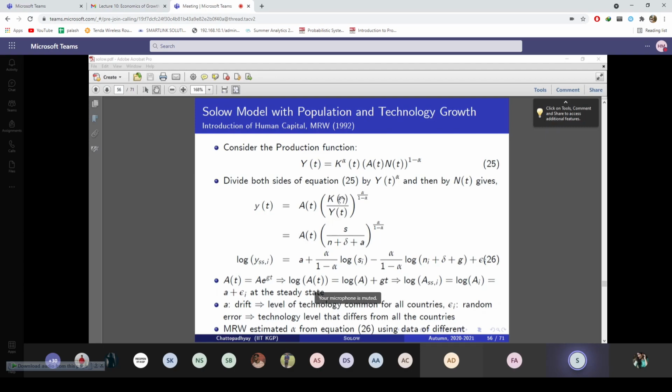So you divide numerator and denominator of K by Y by N_t. You will get k_t divided by n_t divided by y_t divided by n_t, and you substitute the steady state value of per capita capital stock and steady state value of per capita output. If you do that, you show me that you get this relationship. Again, it's a typo. It is not a, it is g, the rate of growth of technological progress. Start doing it.